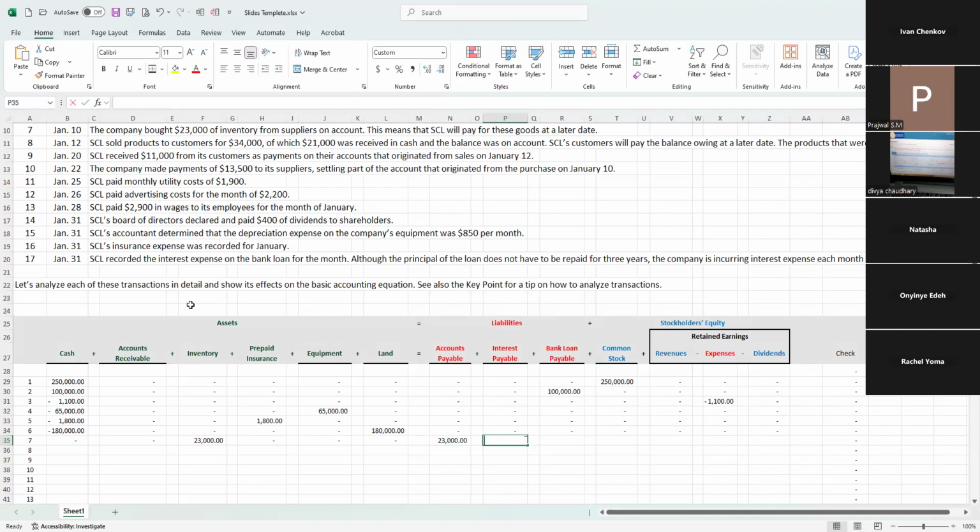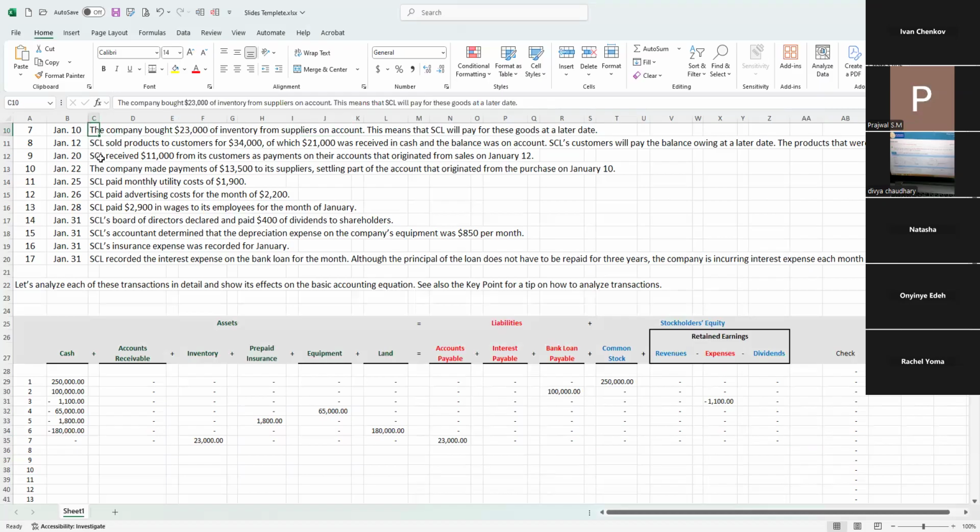Accounts payable, 23,000. That's not interest payable, not bank loan, no common shares, no revenue, no expenses, no dividend. Are we in balance? Yes. So what has happened now? Inventory goes up and liability goes up. Why? Because we haven't paid. Do you understand the idea of on account?